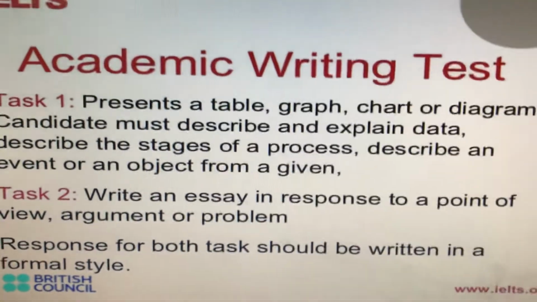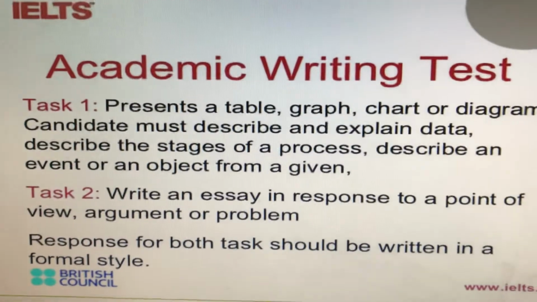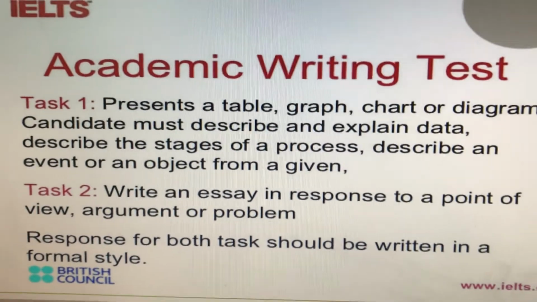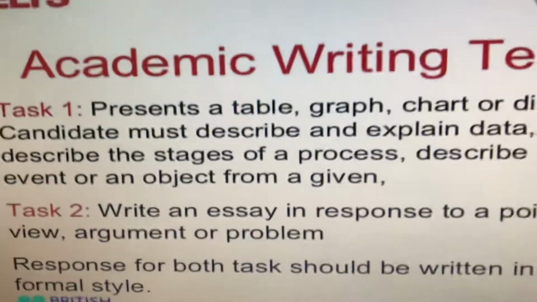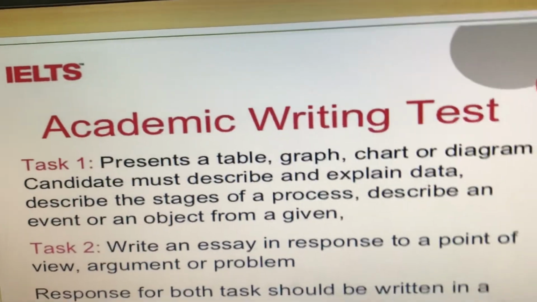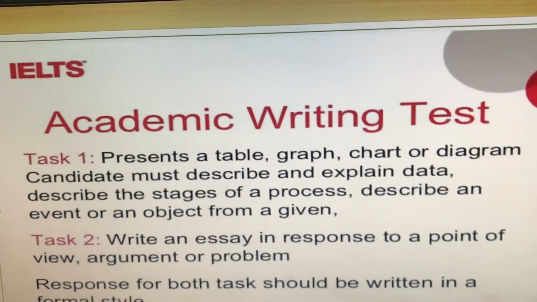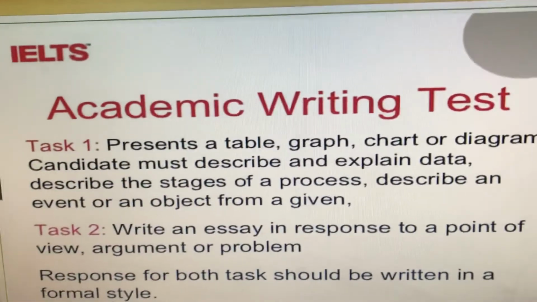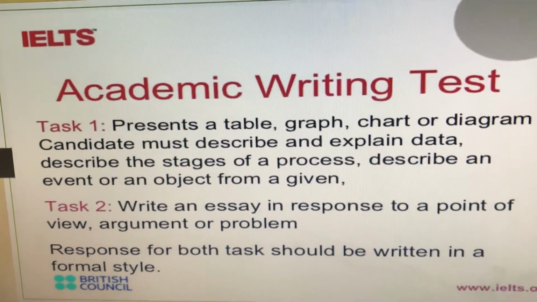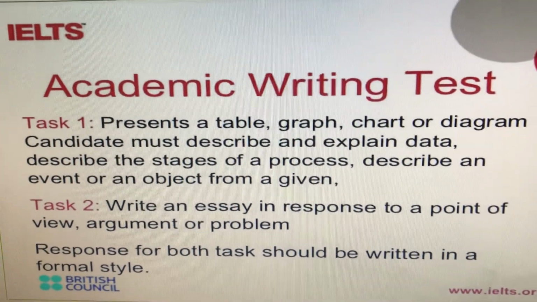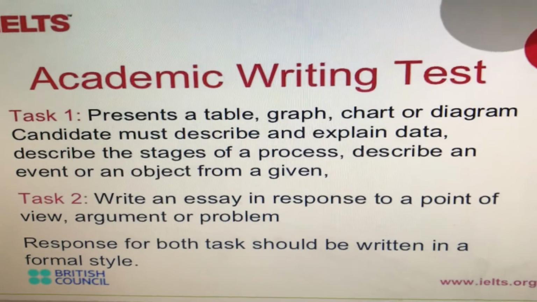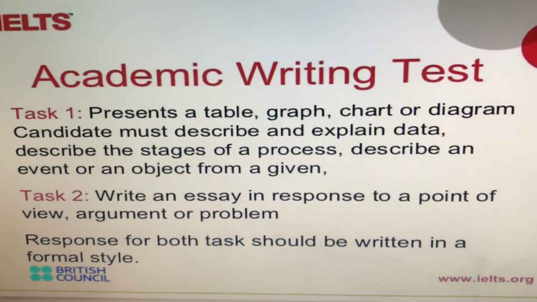In the academic test, what are the 2 questions that you can get? Clear? In the first task or first question, you might get a table, a graph, or a diagram. These are the 3 or 4 things. You will get a table, or a graph, or a chart or diagram.